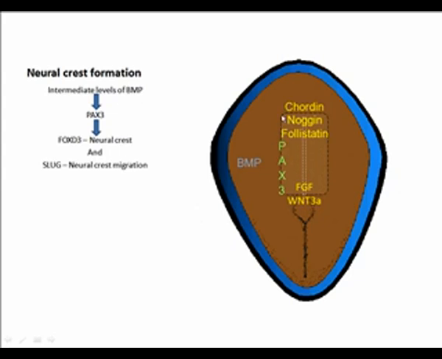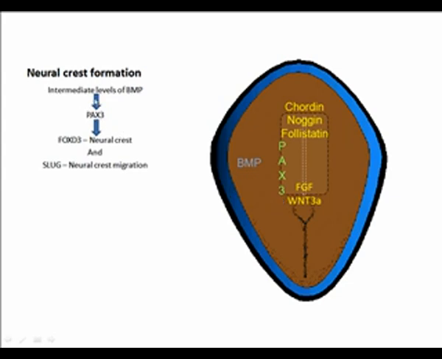Intermediate between the neural plate, which you see here, and the lateral area of the embryo, we're going to have a gradient formed, and in this region here there's intermediate levels of bone morphogenetic protein.